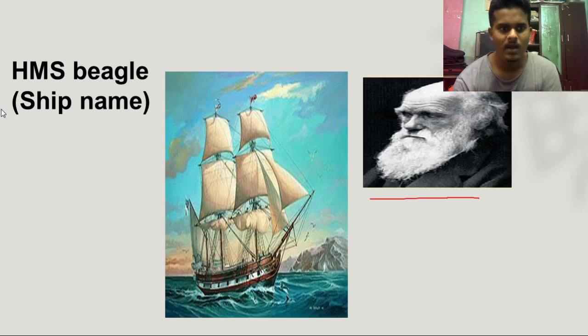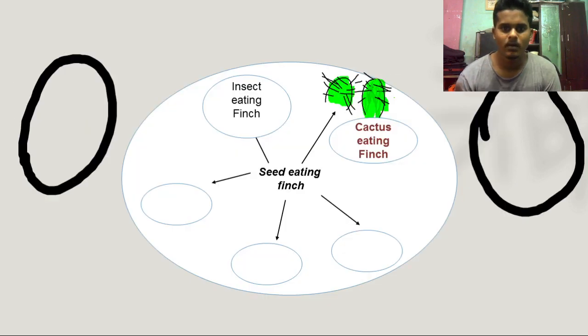The ship's name is HMS Beagle, which made a 5 year voyage on the sea, and it reached the Galapagos Islands. There, Darwin observed many types of species on a single island. Okay, let me give you the first example of how he explained adaptive radiation.